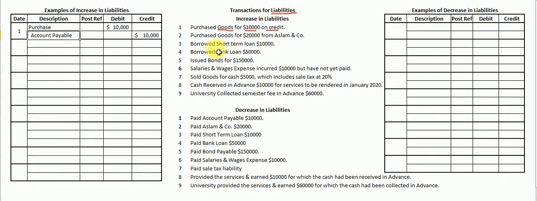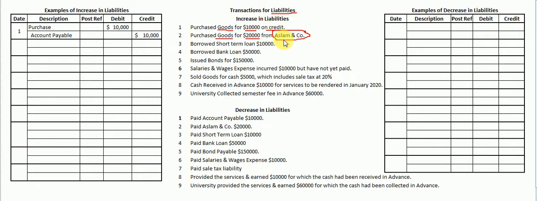Now coming to the second transaction, we have purchased goods for $20,000 from Aslam & Co. Dear students, once again, in the second transaction we have purchased goods for $20,000, but from whom? Yes, from Aslam. In the previous transaction, the name of the supplier was not mentioned, but here it is specified.